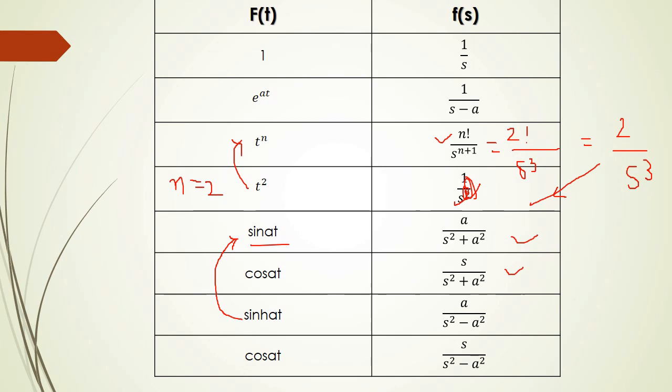Here also the s square and a square, there is a negative sign in between. This distinction is similar for cos at and cosh at as well. This is cosh at, it is like this. Cosh at is equal to s by s square minus a square.